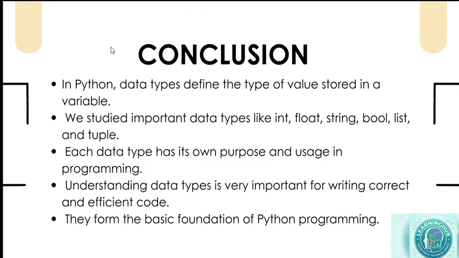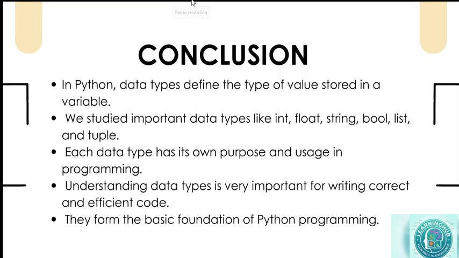Today we learned integers for whole numbers, float for decimals, string for text, boolean for true false values, list for multiple values, and tuple for fixed values. If you understand data types properly, your Python foundation will become very strong.